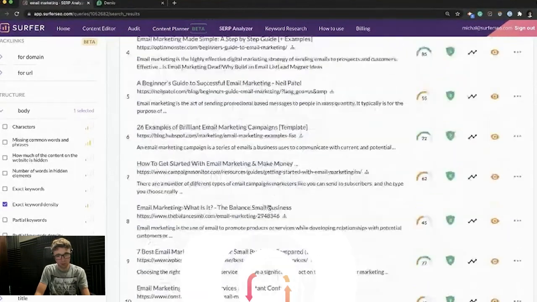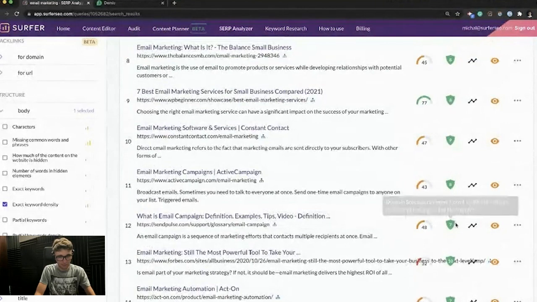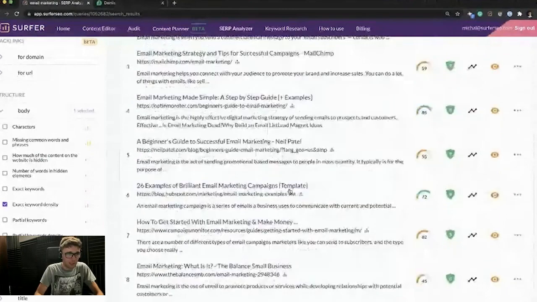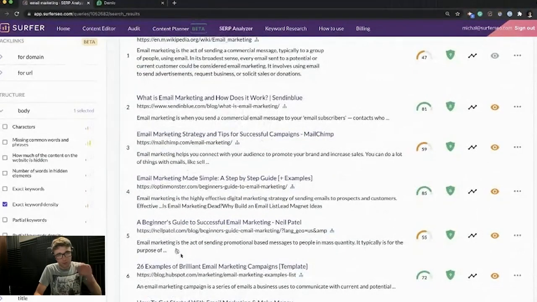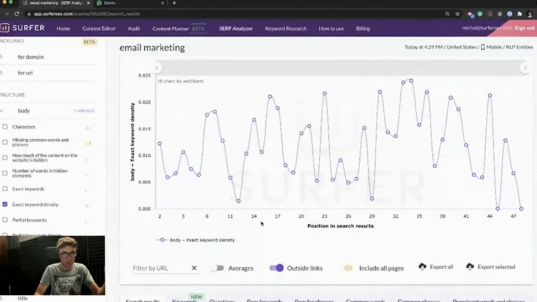So super strong domains, and the page that we are analyzing has 7. So we are kind of the weakest, but definitely strong enough to rank for this keyword. And as we got rid of Wikipedia, the rest look okay. They are definitely direct competitors, so we can start digging into the data.